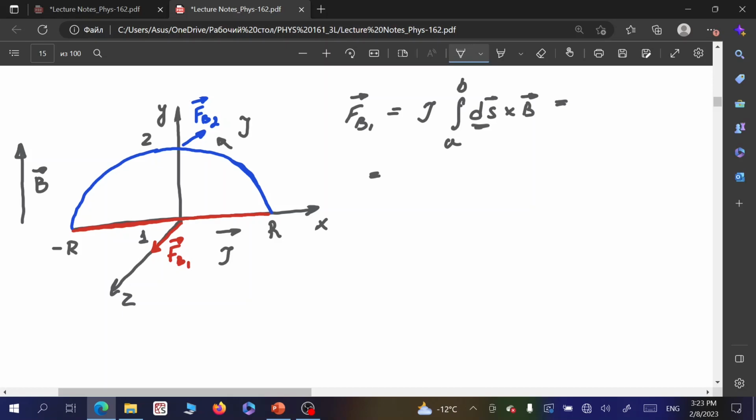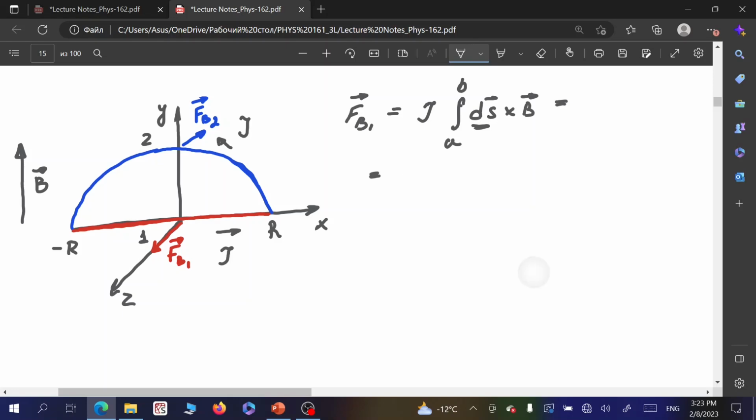Here, the ds vector will be always perpendicular to magnetic field vector, because magnetic field vector is along axis y, and the s vector, when we consider conductor number 1, is aligned along axis x.